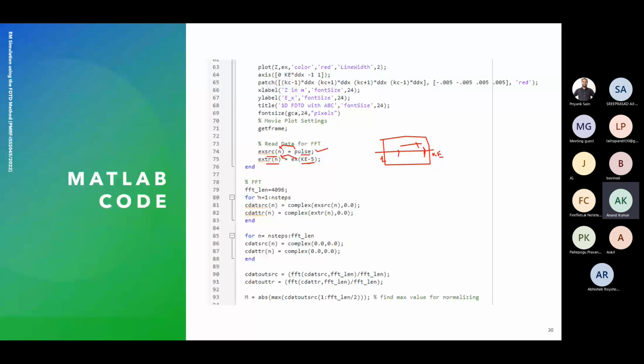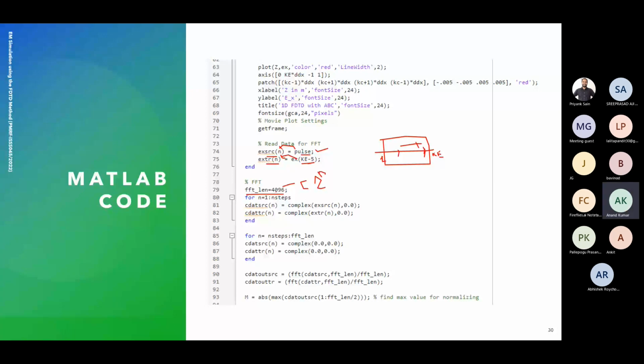Now we start with the FFT algorithm. We define the total length of the FFT. I've chosen 4096. Remember, this should be 2 to the power n.